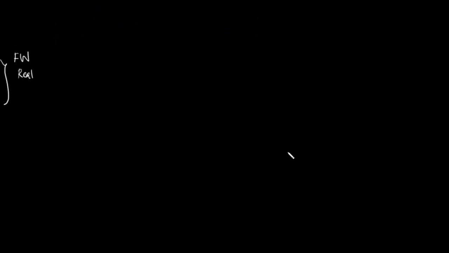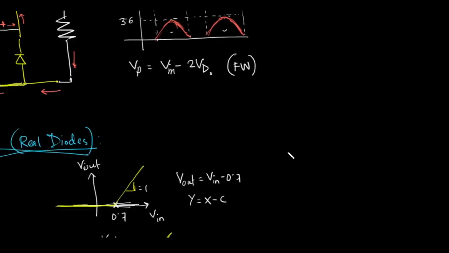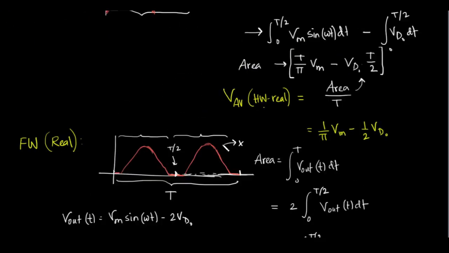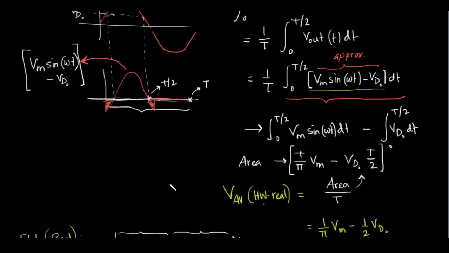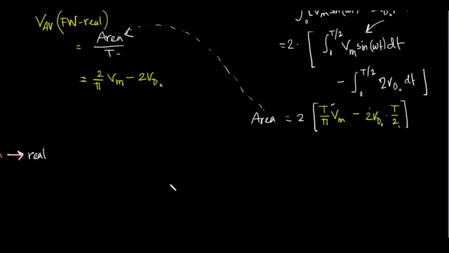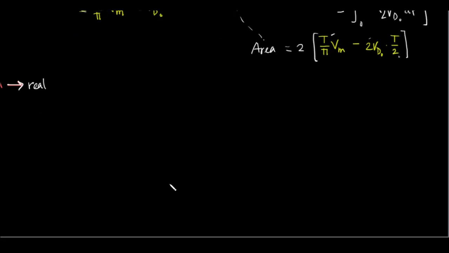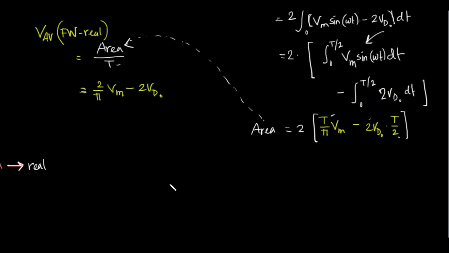One thing that you can notice here is that the aim of rectification is to produce DC. The voltages that we have been getting until now are not perfect DC.